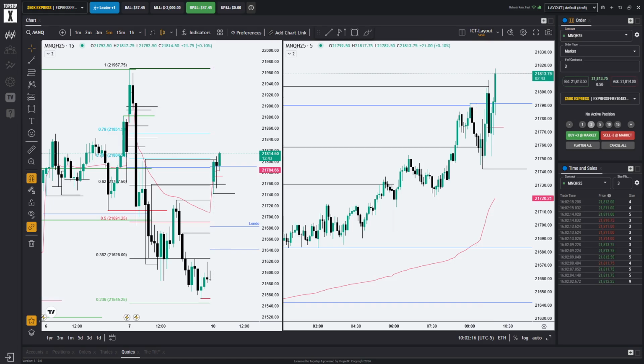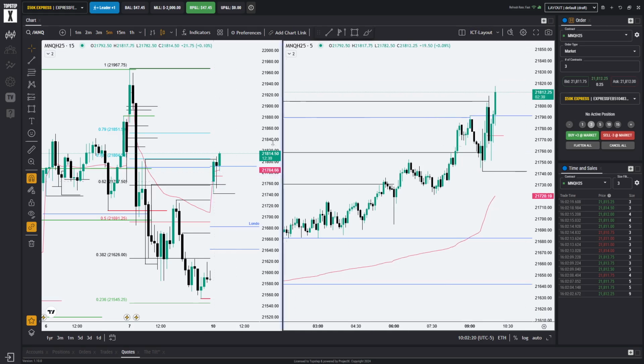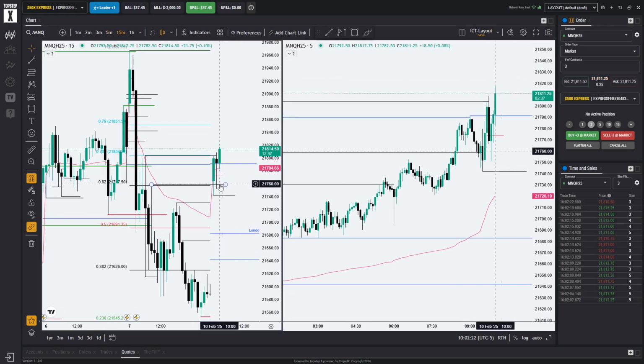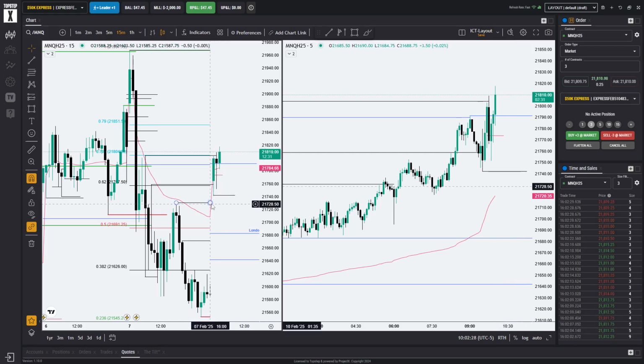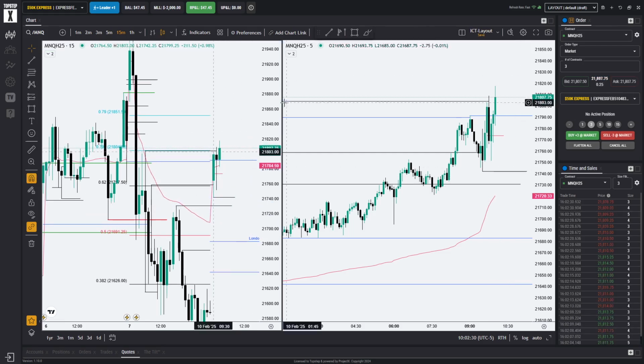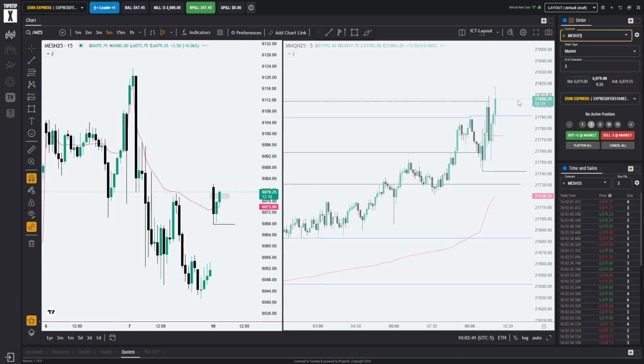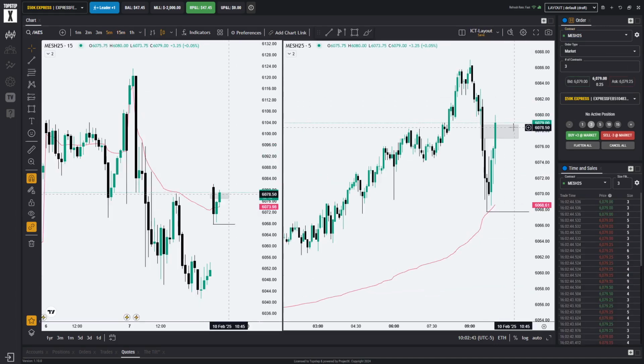Okay, so we have 10 o'clock and Nasdaq is pumping. ES didn't do much. Because we got still 2 minutes on that.